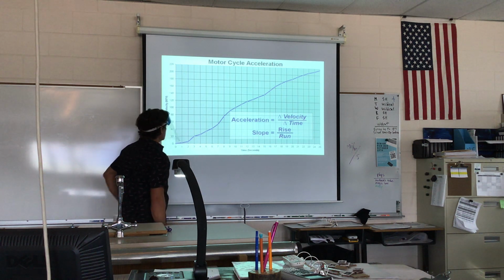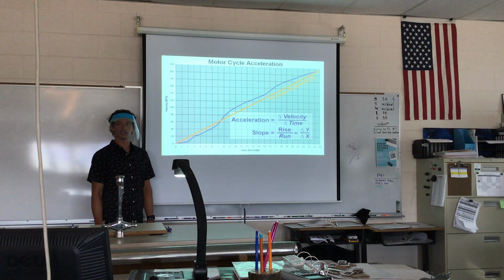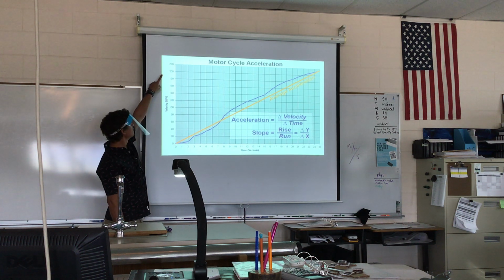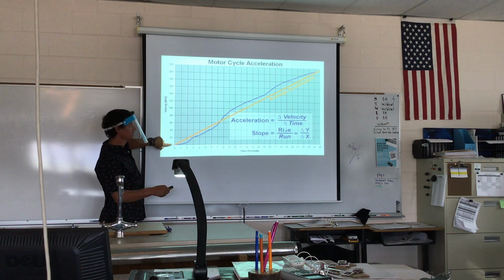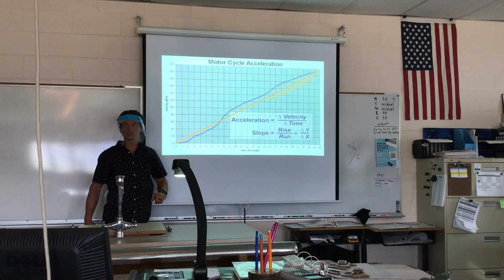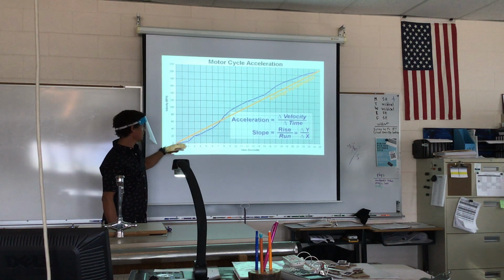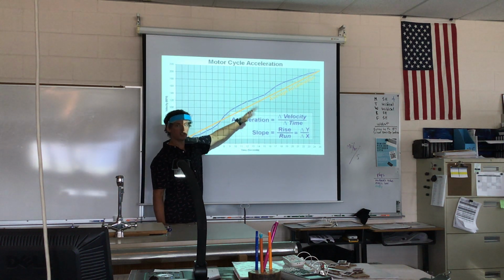Here's what we did in motorcycle 1. We calculated an average acceleration. We said 220 minus 0, that's our rise. And the run was the whole time period of 25 seconds. Now, you notice the slope of the blue line, is it constant? It's changing.